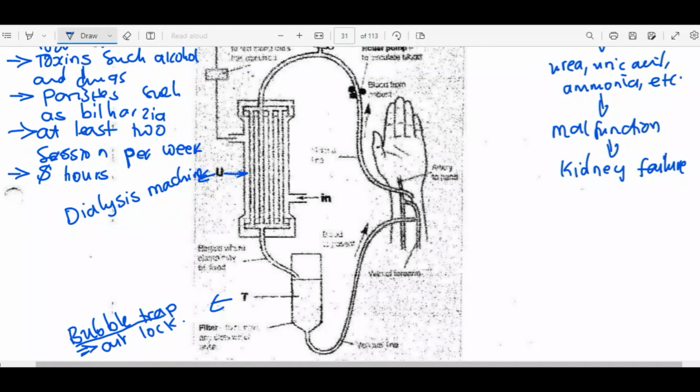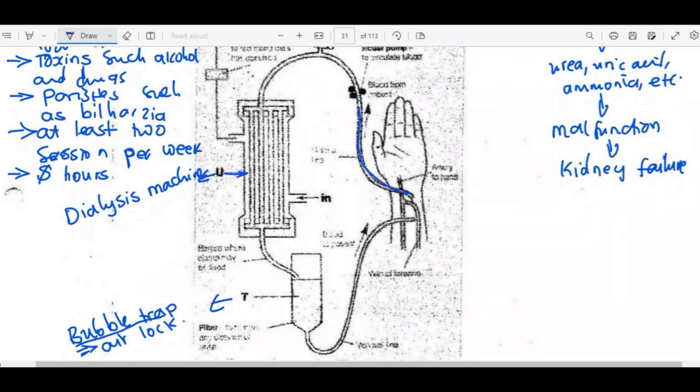We want the blood moving at a slower speed, so that by the time the blood leaves the machine, at least a greater percentage of waste products are removed.